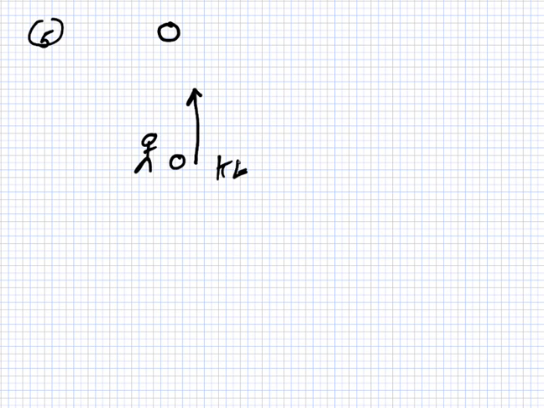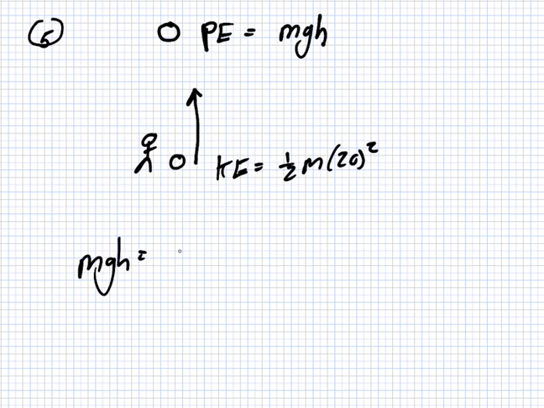The kinetic energy here is a half mv squared. And when it's at its highest, it is not moving, so it has no kinetic energy, it has only potential energy. So you have mgh equals a half m v squared.